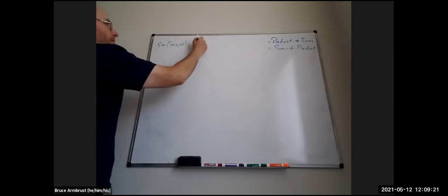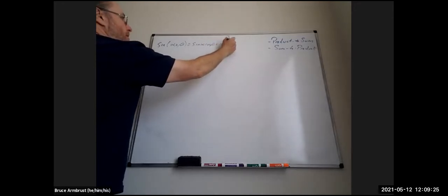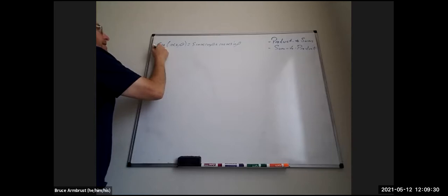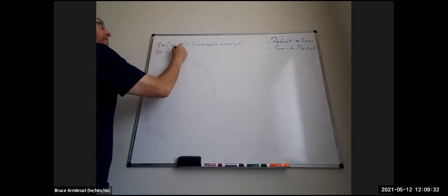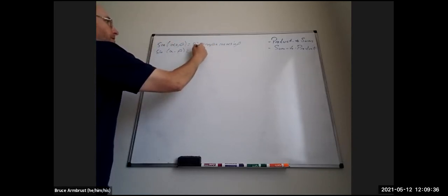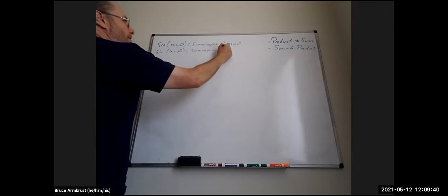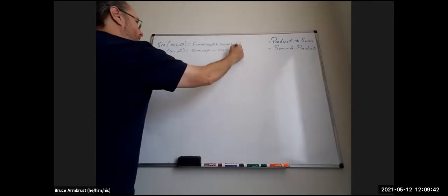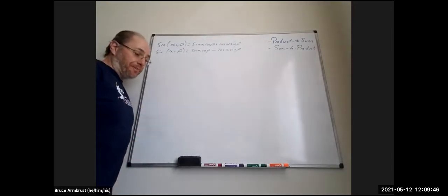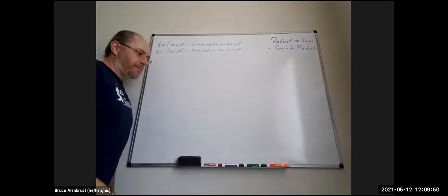That was equal to sine alpha cosine beta plus cosine alpha sine beta. And then the difference of angles was identical except for a minus sign there, right? So it was sine alpha cosine beta minus cosine alpha sine beta.